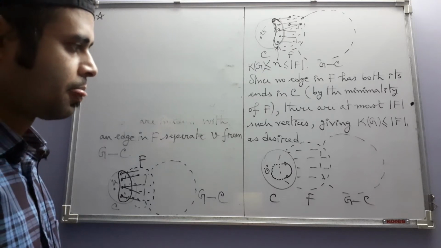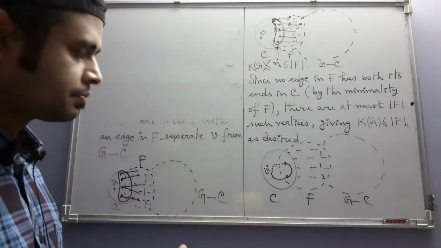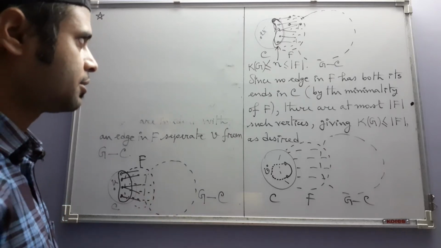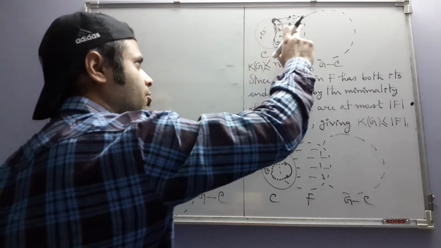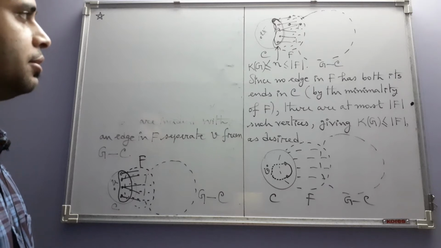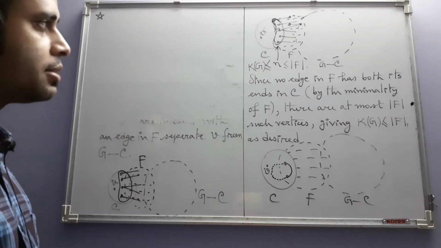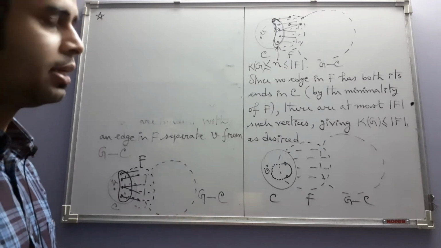Okay, and all these things have been possible under the assumption that there is a vertex V in the graph which is not incident with any edge in F. By the way, how is that assumption being used here? Where are we needing that thing?